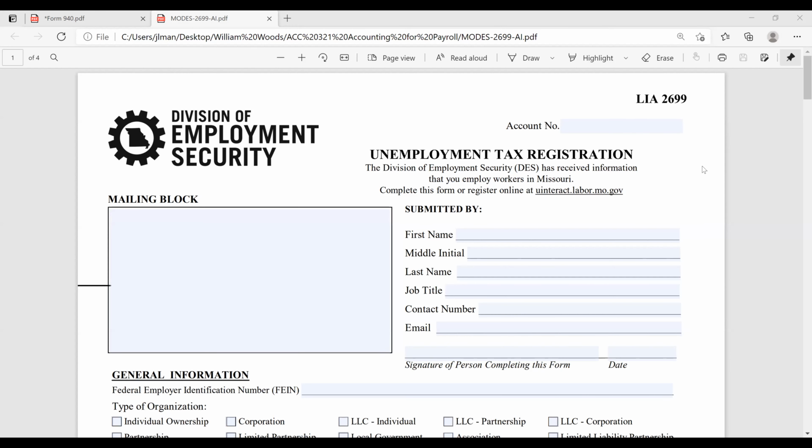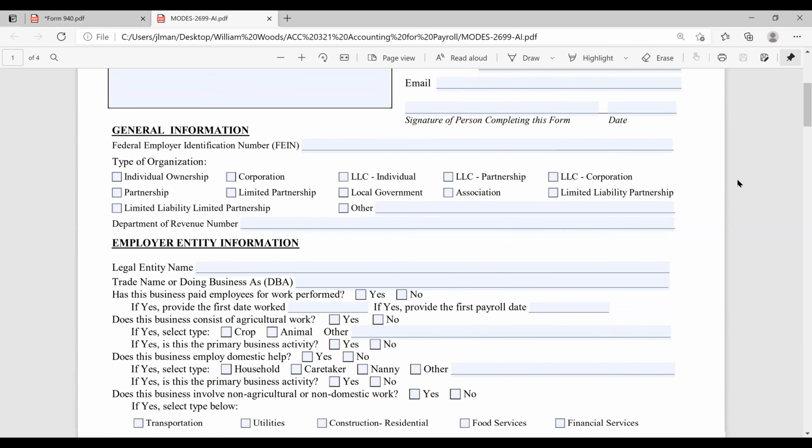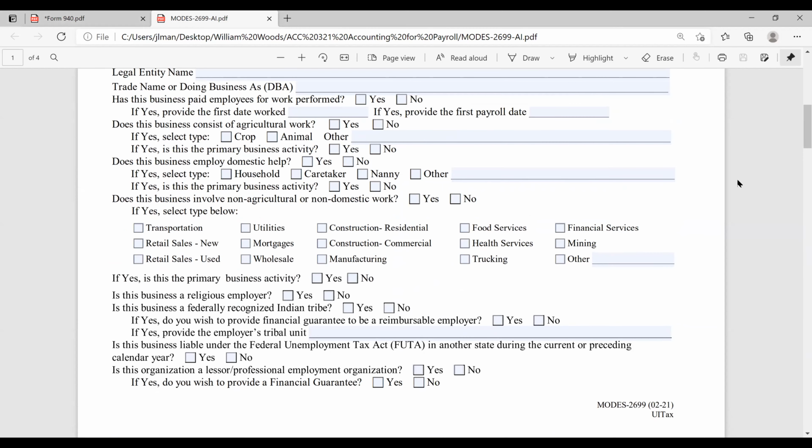This is what initially has to be filled out by the company. It says complete this form or register online at uinteract.labor.mo.gov. So company information, the type of organization, legal entity name, what type of business it is, any of this information. Is this business a religious employer?